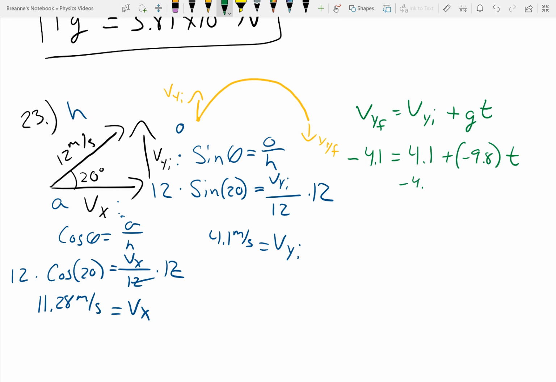And so you bring that over. You cannot add or subtract those two because of this, so you have to get this to the other side. That gives you negative 8.2 equals negative 9.8 t. You want time by itself.